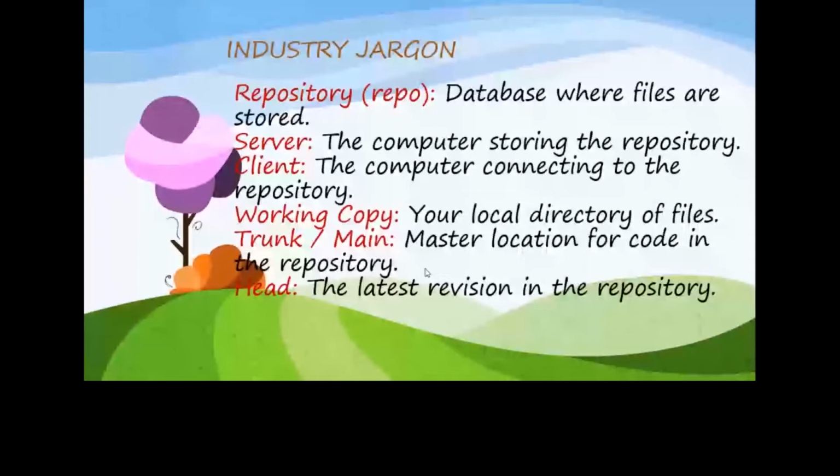The other one we have is trunk or main. This is the master location for code in the repository. Then we have head, the latest revision in the repository.